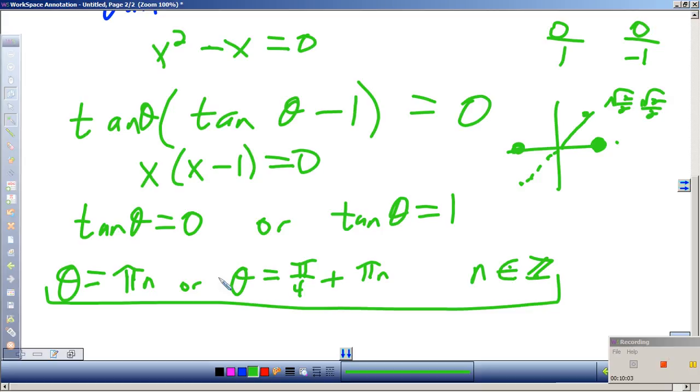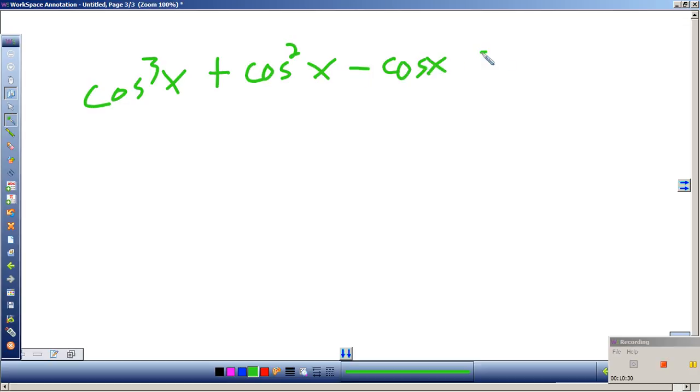Okay, now how about some sine and cosine ones? Let's start with a more complex one. Cosine cubed x plus cosine squared x minus cosine x equals 1.